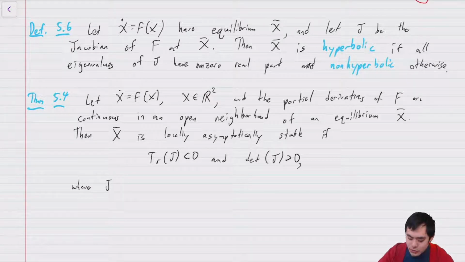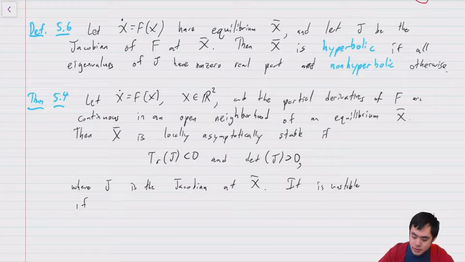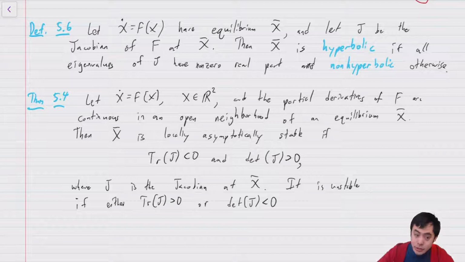Of course, J is the Jacobian at x bar. And it is unstable if either of those things is reversed. So if the trace of J is greater than 0, or the determinant of J is less than 0.